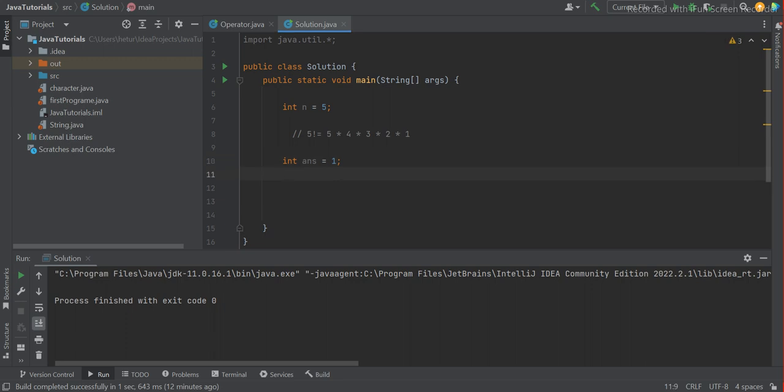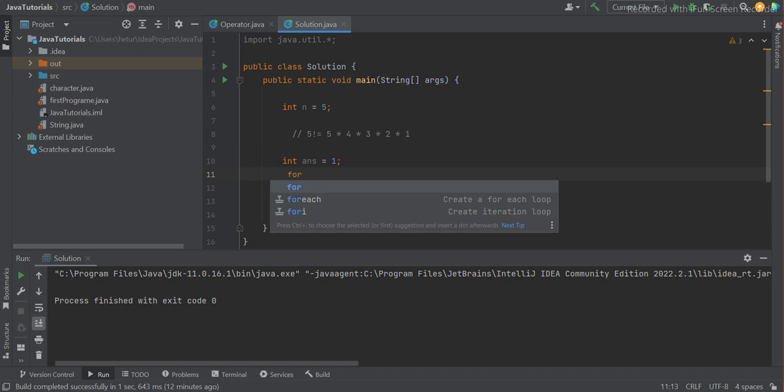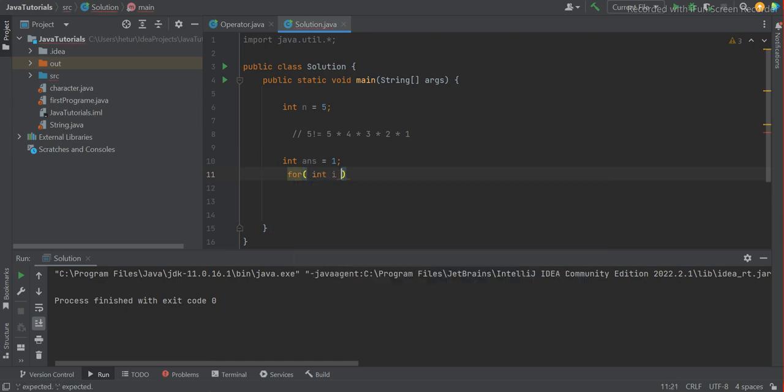If I multiply anything with 1, it doesn't matter, right? So I say for int i, I'm going to start from i equal to 1, and then go all the way up to n, because I am including 5 also. As part of my factorial, 5 is also part of it, right? So it should start from 1 and go up to 5, less than or equal to.